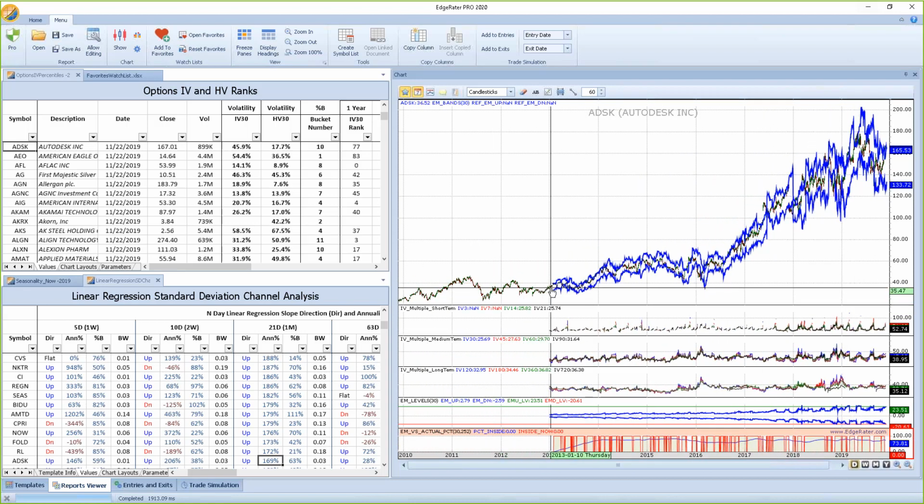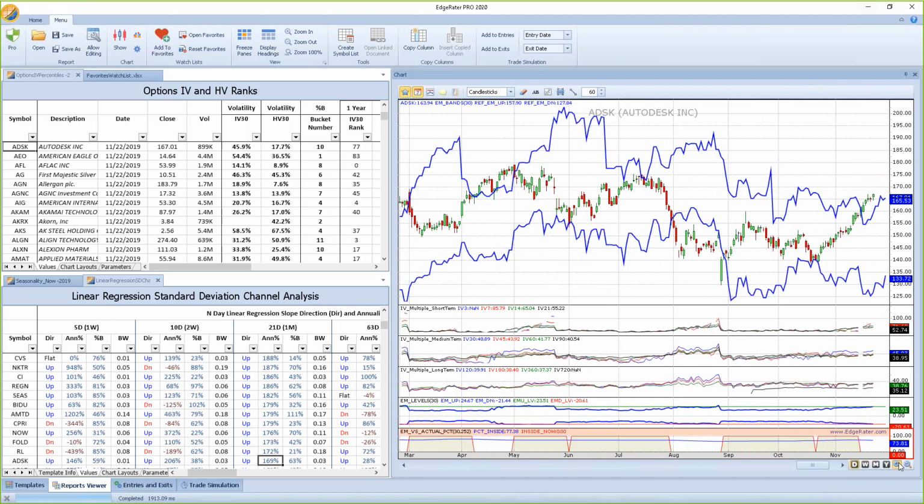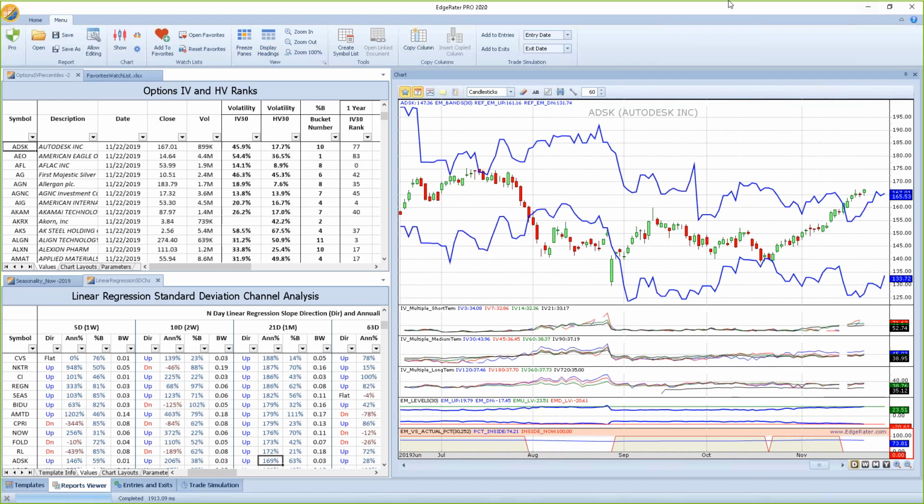It was in a very nice uptrend, high annualized growth rate. It was before 2009, so Chris would have to go back a long way to find it. He's going to try too.